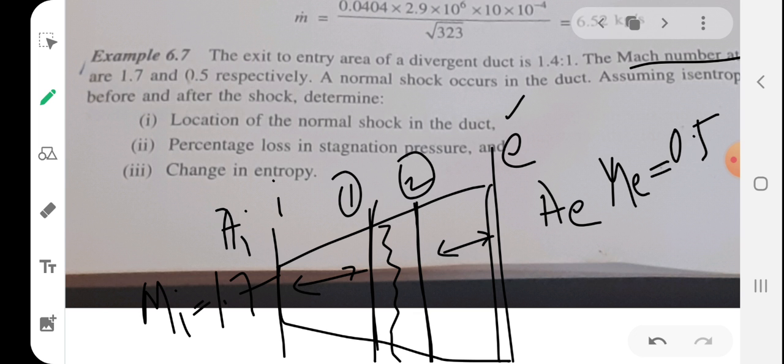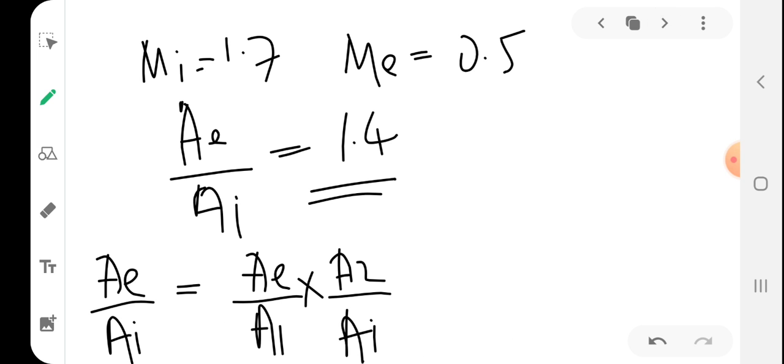Students, we studied the assumptions while deriving the governing equation, the Prandtl equation, for the normal shock: it occurs at constant area. That means A1 and A2 should be equal. That is why I have written AE by AI as AE by A1 into A2 by AI.